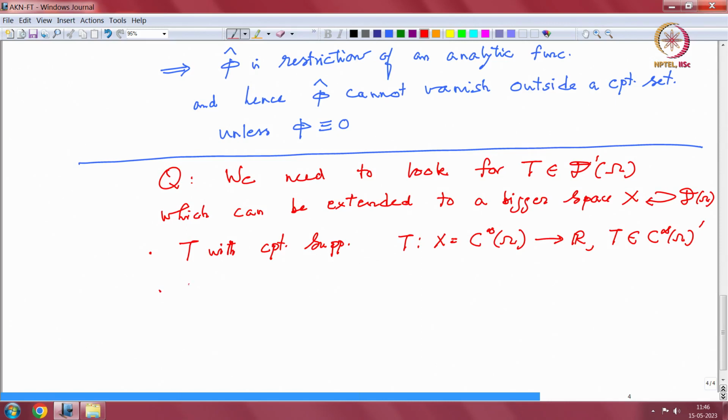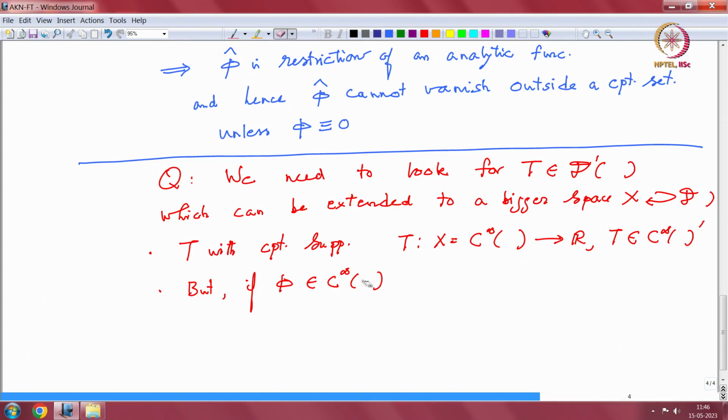But there is a catch here. If phi is in C infinity of omega, then phi hat need not even be defined, because the Fourier transform cannot be defined for C infinity. These are all in Rn. Yeah, we are working with everything in Rn for the time being. It does not matter.